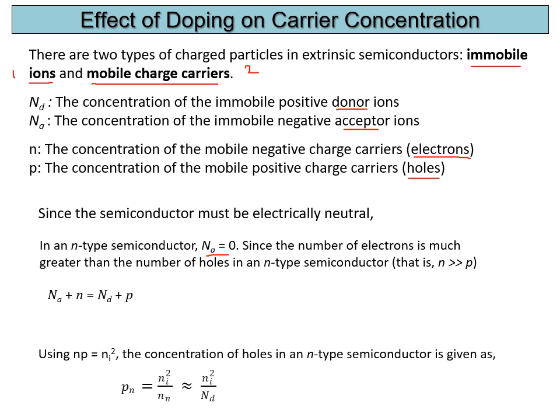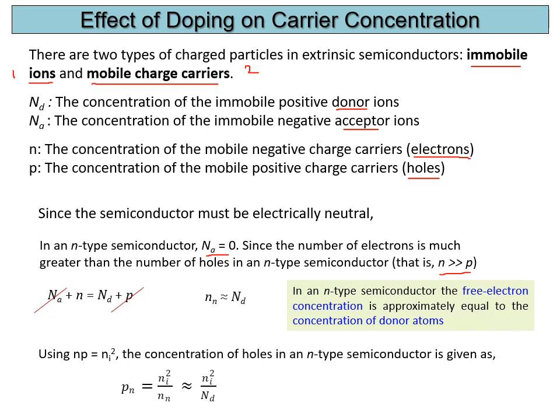Since the number of electrons is much greater than the number of holes in an N-type semiconductor, that is, n must be greatly greater than p, the free electron concentration in an N-type semiconductor is approximately equal to the concentration of donor atoms.